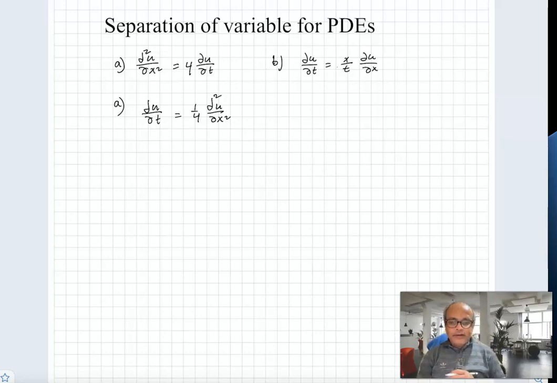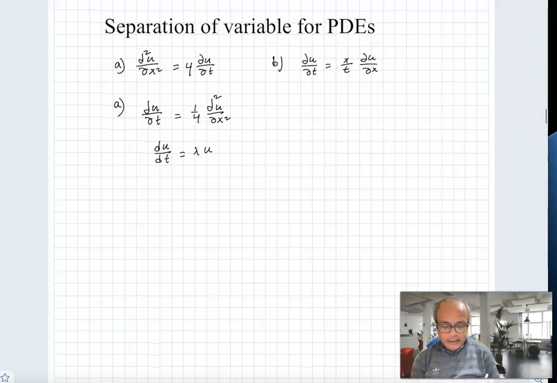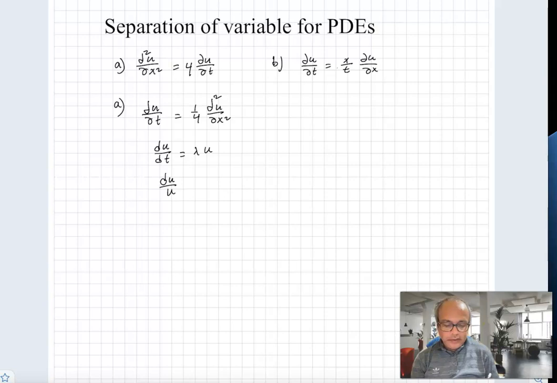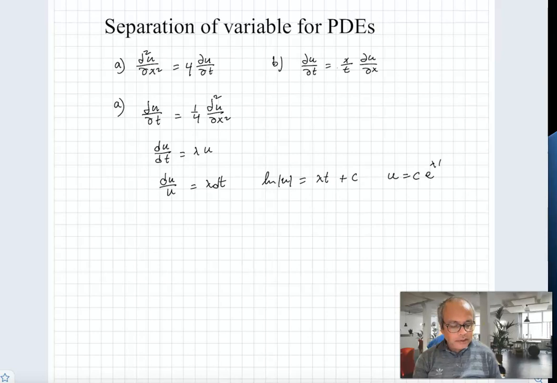And let's first recall from first order differential equations, if I had du/dt equals lambda u, then I could use separation of variable very easily. du over u equals lambda dt, sorry, ln of u is lambda t plus a constant, and that we know u equals some constant c times e to the power lambda t.